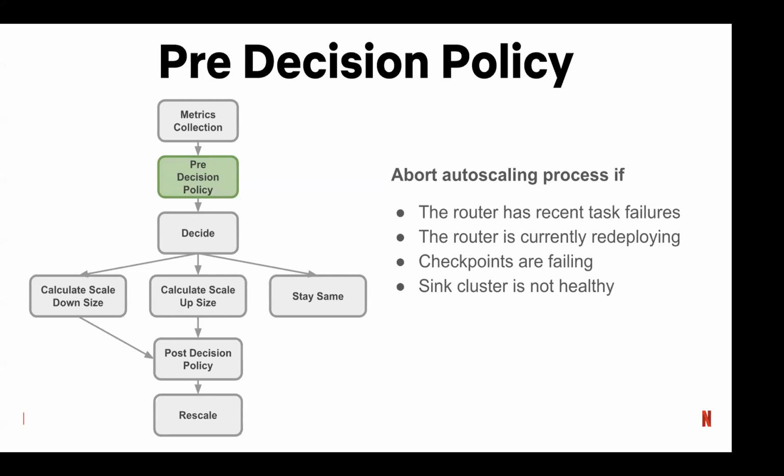So for example, if the Flink job is having task failures or checkpoints are failing, or the sink cluster the router is writing to is not healthy, then it doesn't make sense to take any auto-scaling action in those cases. Also, similarly, if the router is in the middle of a redeploy operation, it doesn't make sense to auto-scale then. So if any of those situations happen, auto-scaling is aborted.